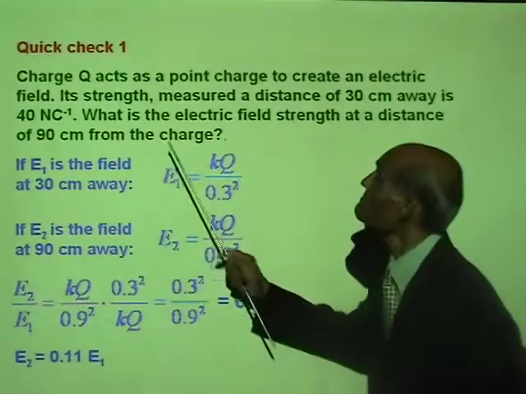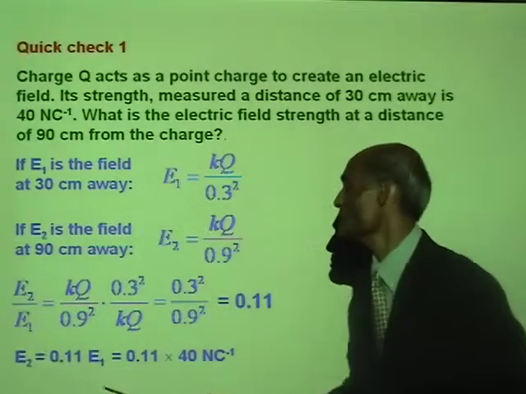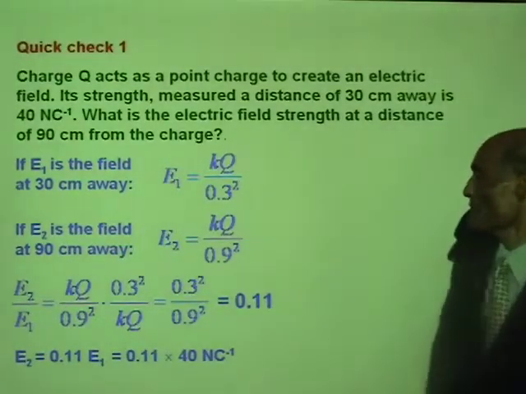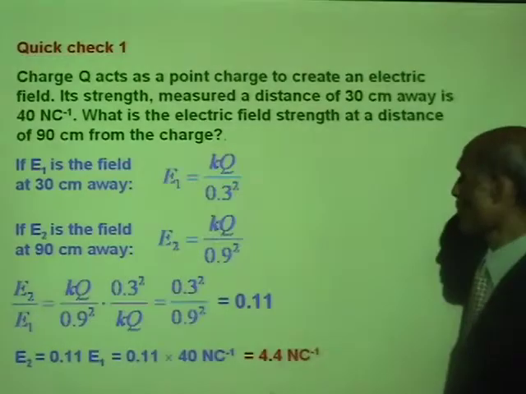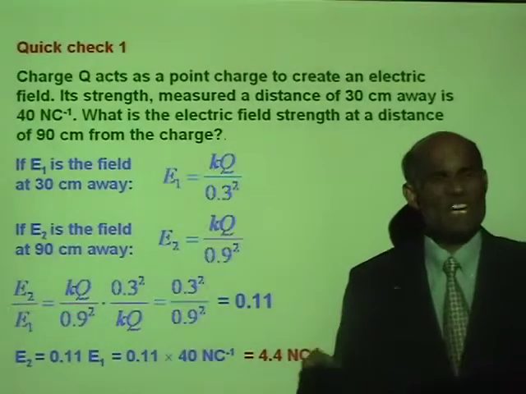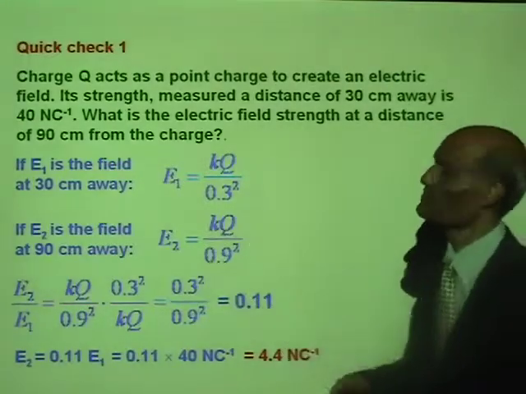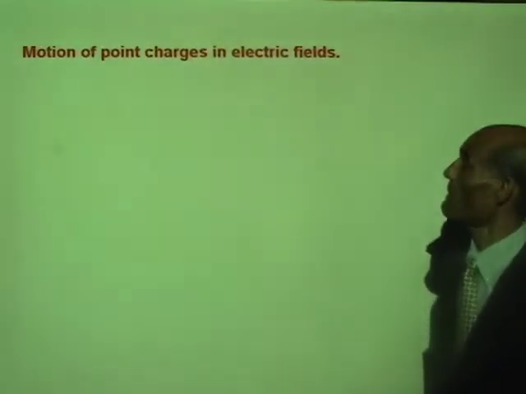And E1 we know is 40 Newton per coulomb. Therefore E2 equals 0.11 times 40. That will be 4.4 Newton per coulomb. Now, it's a very nice way of doing problems like this. Alright? Alright, let's move on.